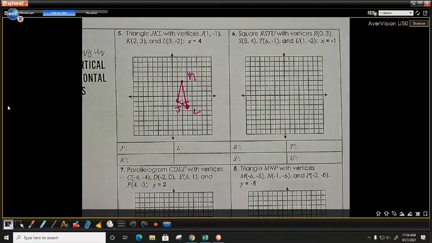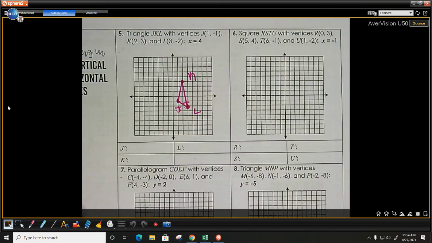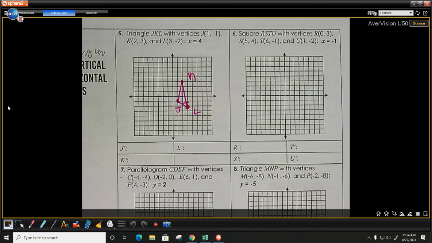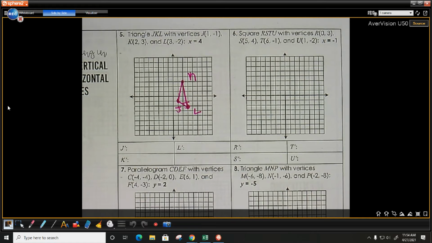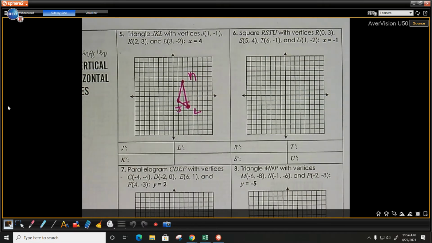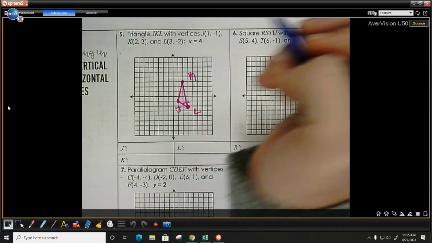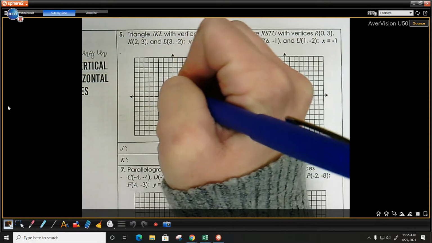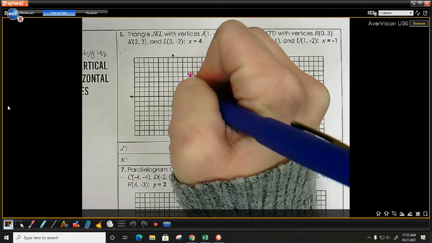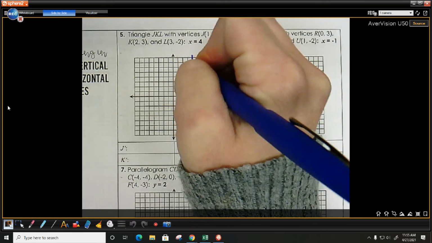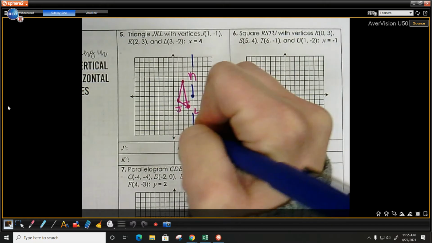So if I have x equals 4, is that going to be a HOY or a VUX? It's a VUX because it's x. VUX ends in an x, so this is VUX, meaning it's a vertical line. So I'm going to go on the x-axis, put a point at 4, and there is my vertical line I am reflecting over.